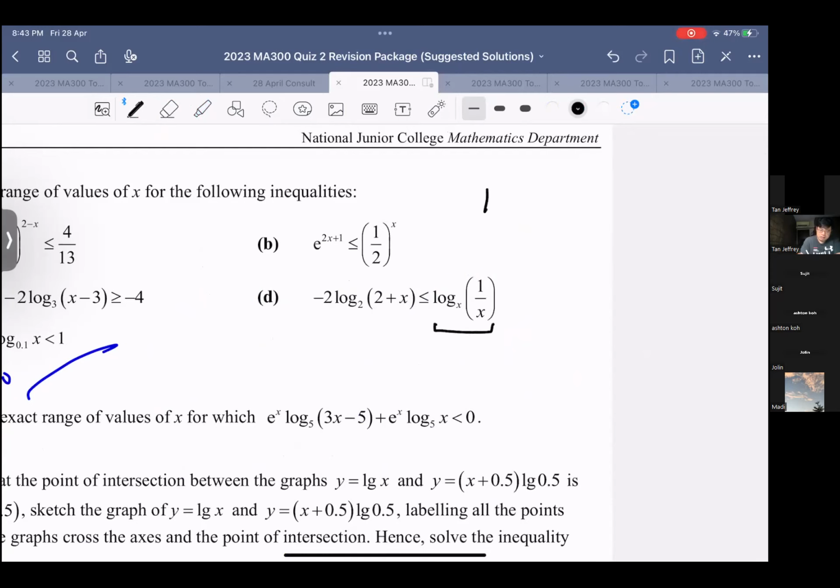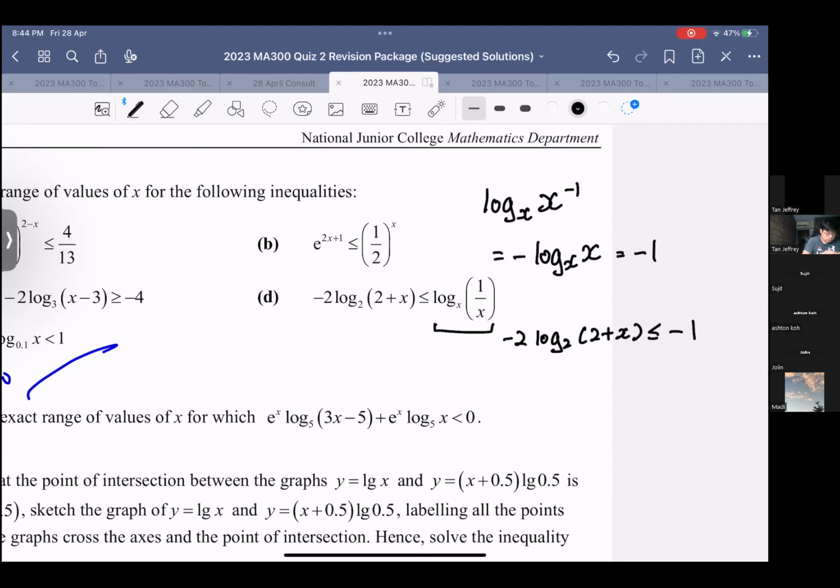This guy, can I say that this is the same as log x to the power of -1? Yes. Can I therefore say that it's just negative log x? So I'm actually just getting the equation log 2 plus x less than or equal to -1. Such a beautiful question.